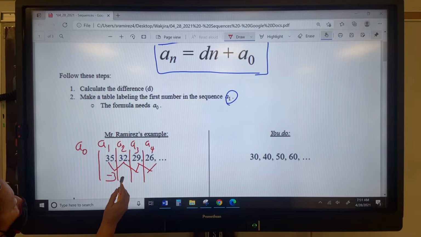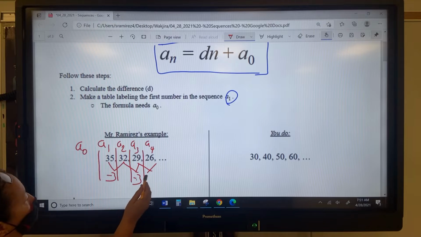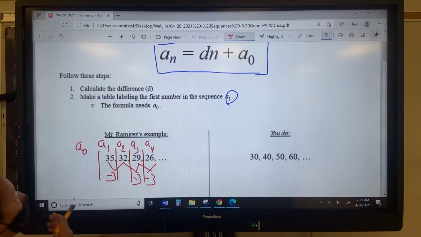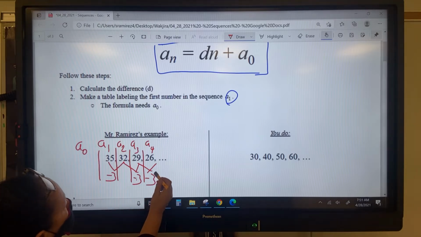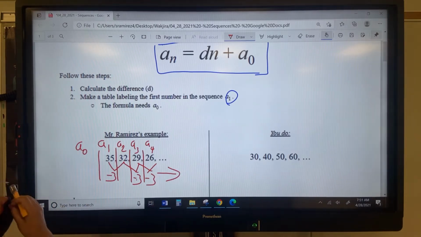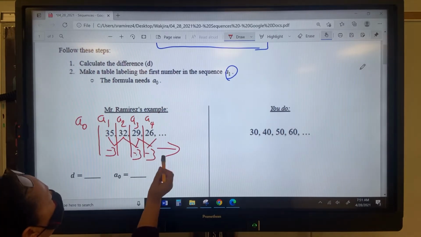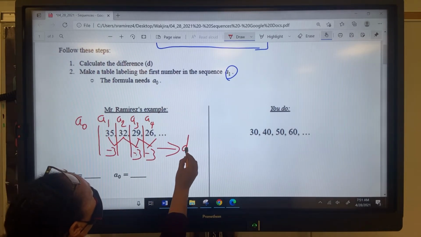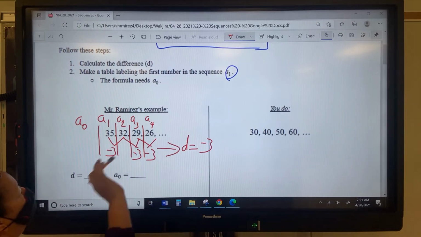This one decreasing by 3, and right here decreasing by 3, and here also it decreased by 3. So we found the difference, D, which is equal to minus 3, going this way.